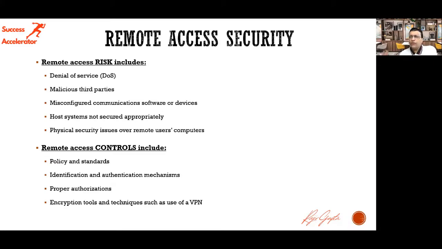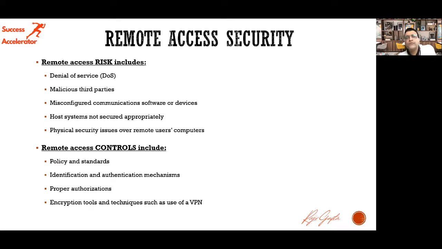Then proper authorization: with identification and authentication, you allowed someone to come in, but what all he can do is defined by authorization. So whether proper authorizations have been maintained or not, and encryption, whether the data coming in and going out is properly encrypted or not.